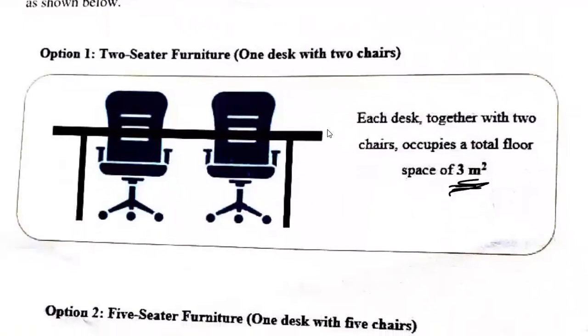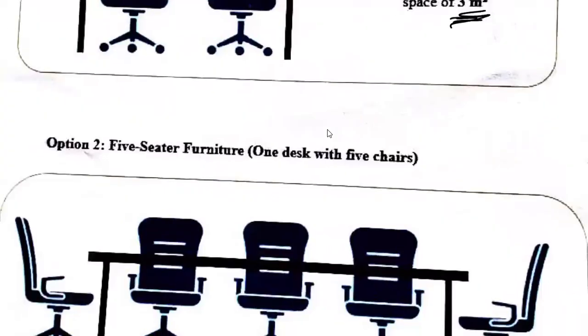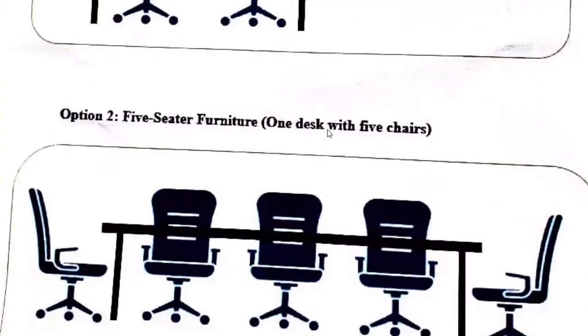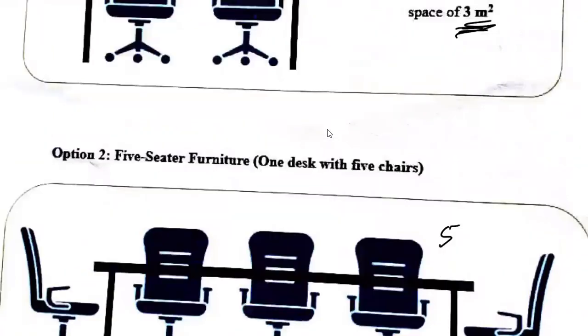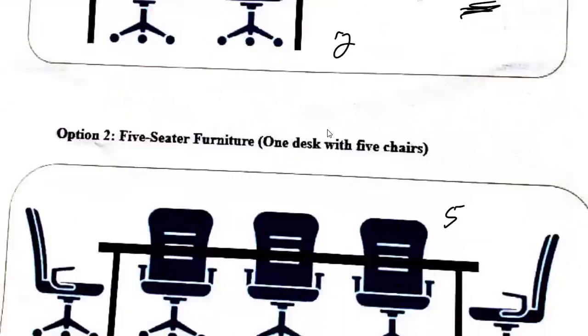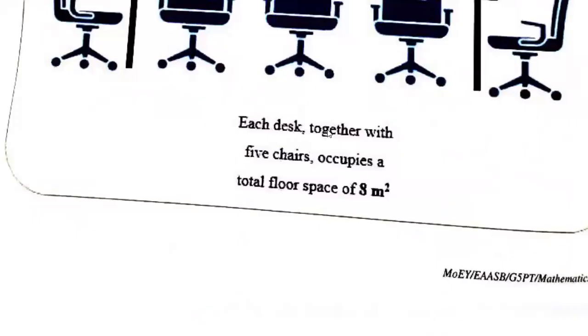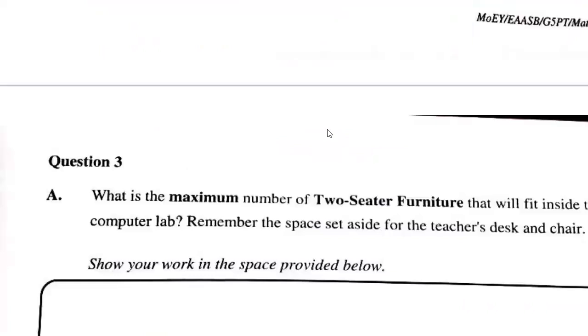And option 2, you have a 5-seater furniture, 1 desk with 5 chairs. So it comes in 5s or it comes in 2s. Alright, let's move on. It says each desk together with the 5 chairs would occupy 8 meters square. So let's move on to question 3.